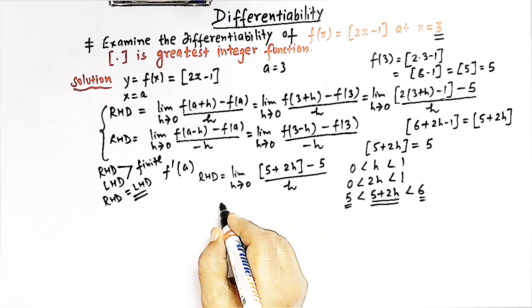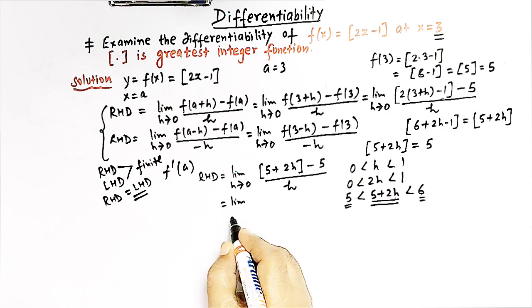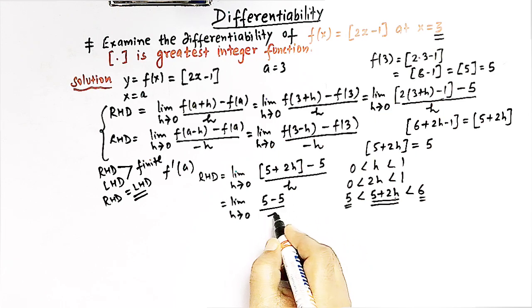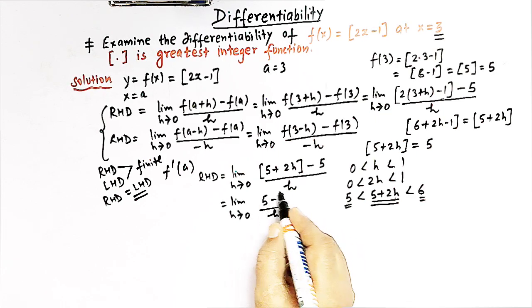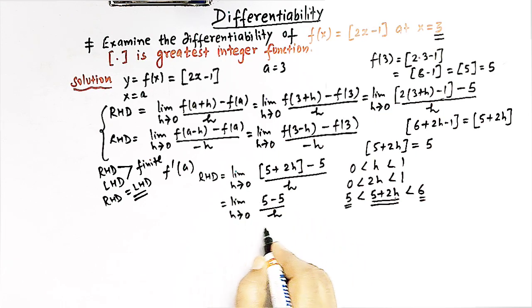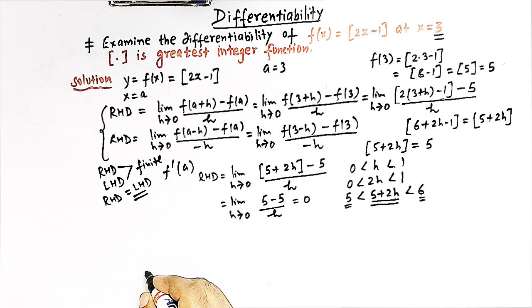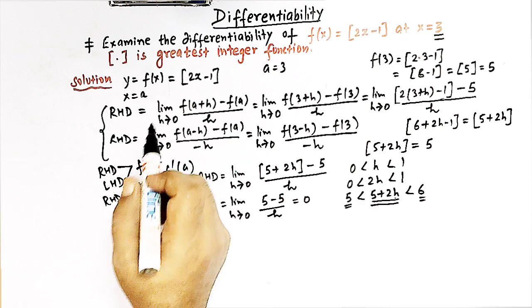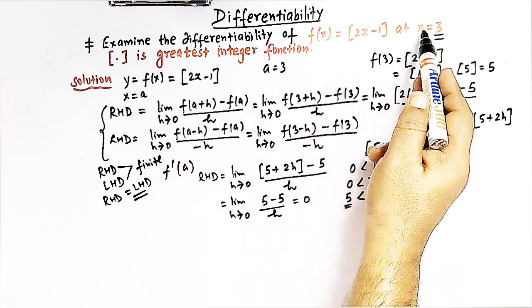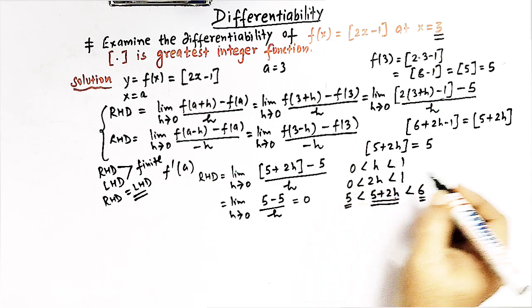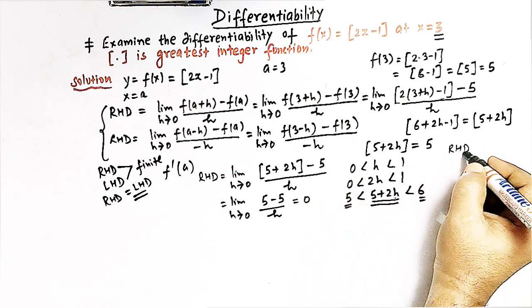So now here we have the limit h tends to 0, and here we have 5 minus 5 over h. Now 5 minus 5 is 0, so this entire expression is now equal to 0, right? So the right hand derivative of this function at this point, that is x equal to 3, is given by 0.